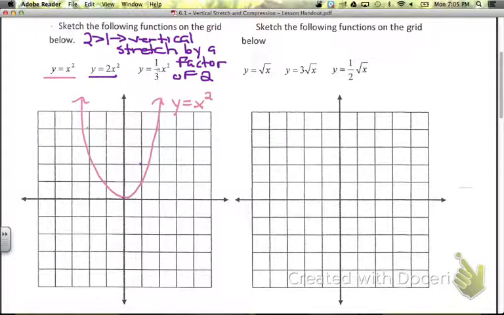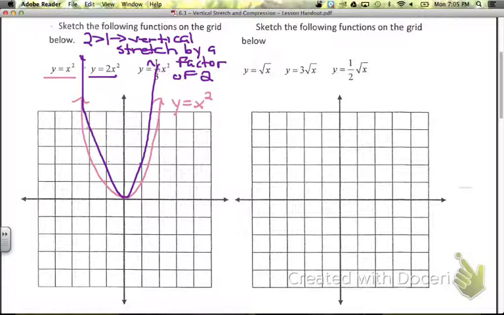And similar on the other side, instead of (-1, 1), it's going to be (-1, 2), and (-2, 8). So when we graph this, what you can see is that it's going to look long and skinny compared to our original graph.